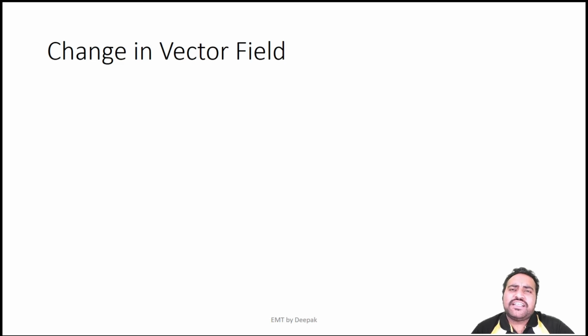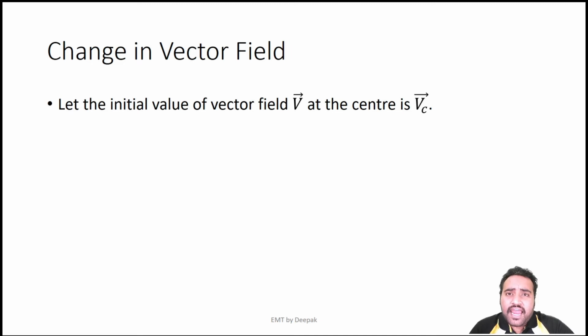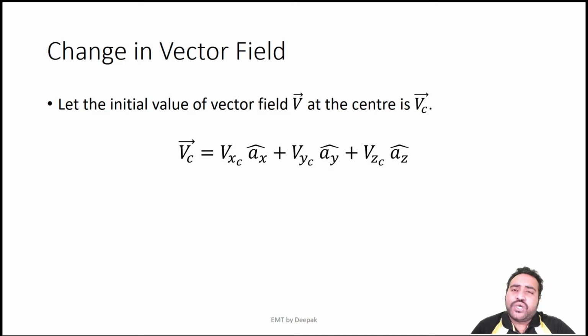Now, what will be the change in a vector field? Let the value of vector field at the center be Vc bar. So it would again have three components. The value of scalar field Vx at center, the value of scalar field Vy at center, and the value of scalar field Vz at the center, and in the directions of Ax cap, Ay cap, and Az cap respectively.